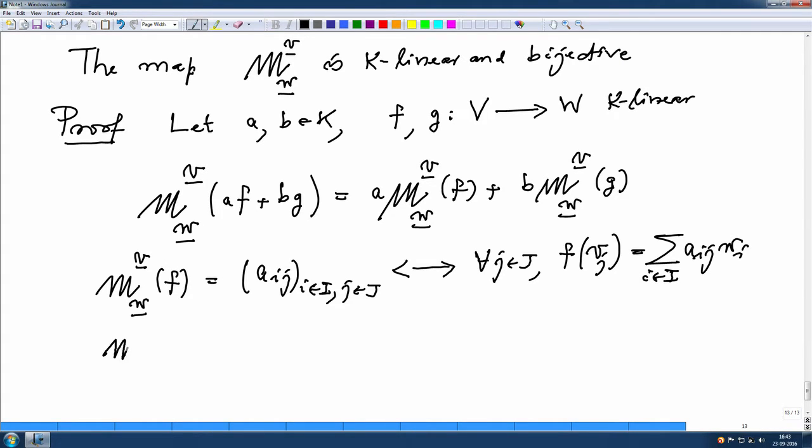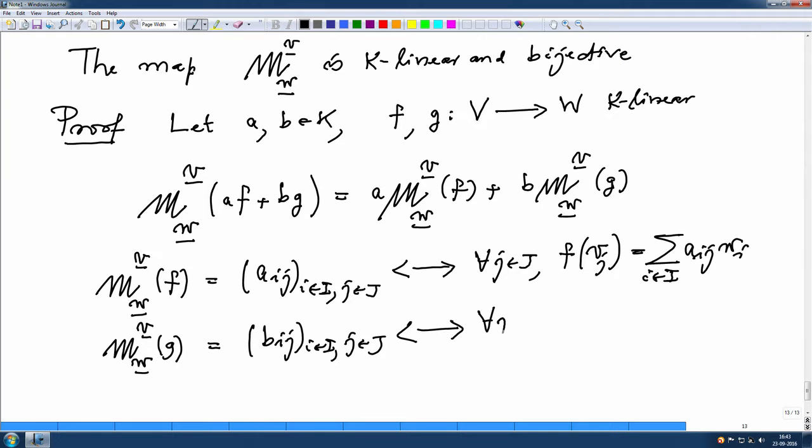How did you define then M_{V,W}(G)? This is Bij, i in I, j in J. This is coming from the equations for every j in J, G of Vj equal to summation i in I Bij Wi.